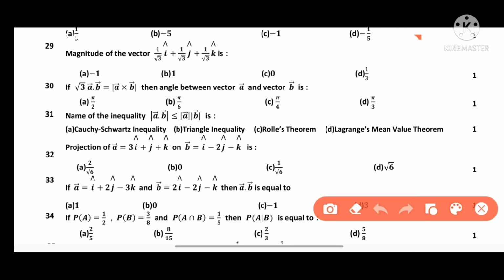Next question number 30, under root 3 a vector dot b vector is equal to modulus of a vector cross b vector.